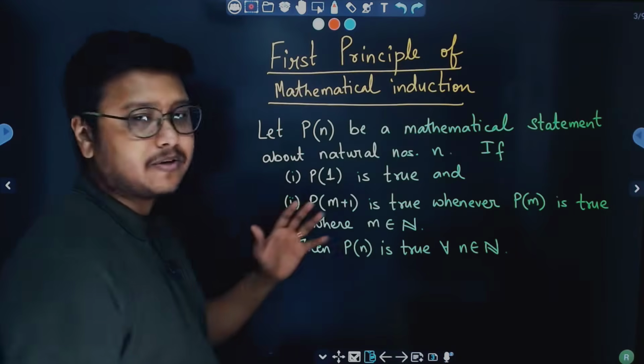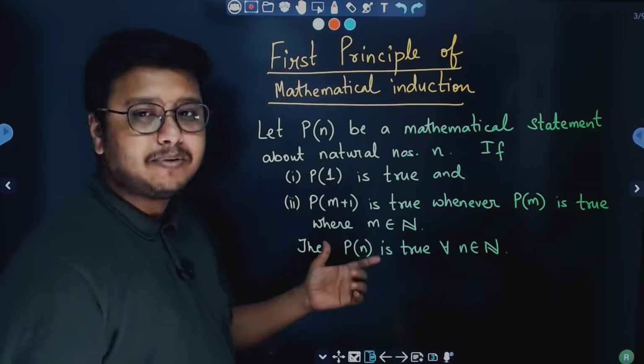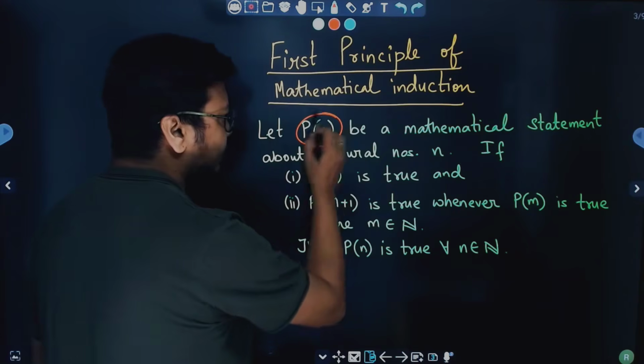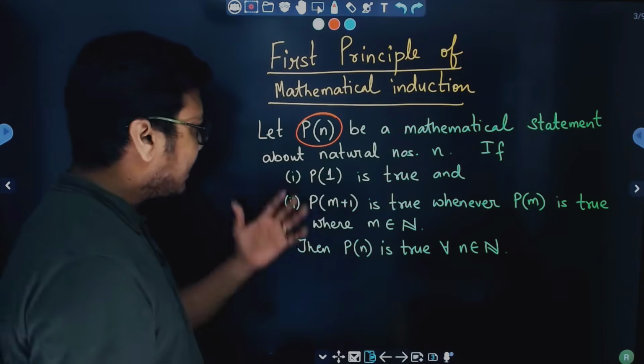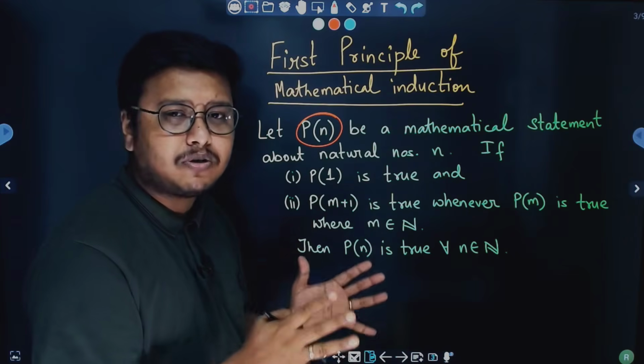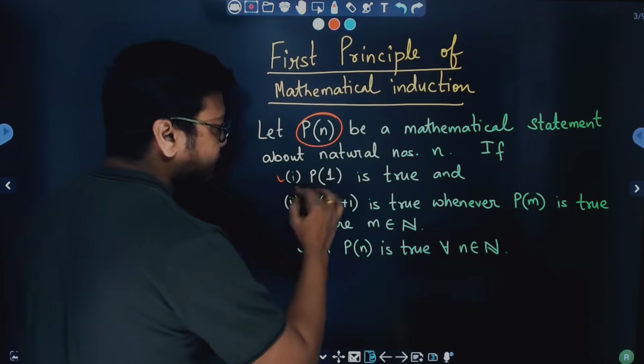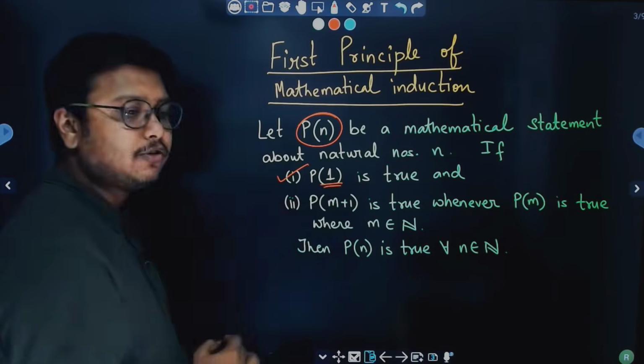Coming to the first principle of induction, the statement says that if I have a mathematical statement denoted by Pn, and the statement is about natural numbers n, then first of all, the statement has to be true when n value is 1.